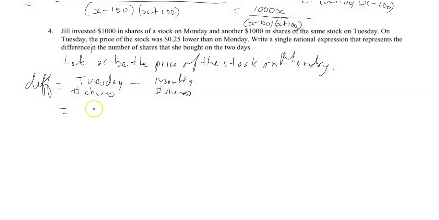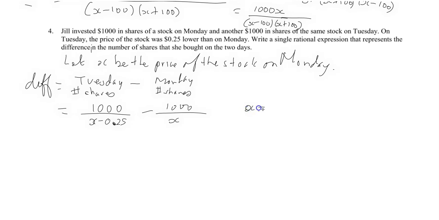Okay, so on Tuesday, she put $1,000 and she bought 1,000 over x minus 0.25, right? Because on Tuesday it was cheaper. Minus the number of shares she bought on Monday, which is just 1,000 over x. So this is it, but we want this as a single expression.